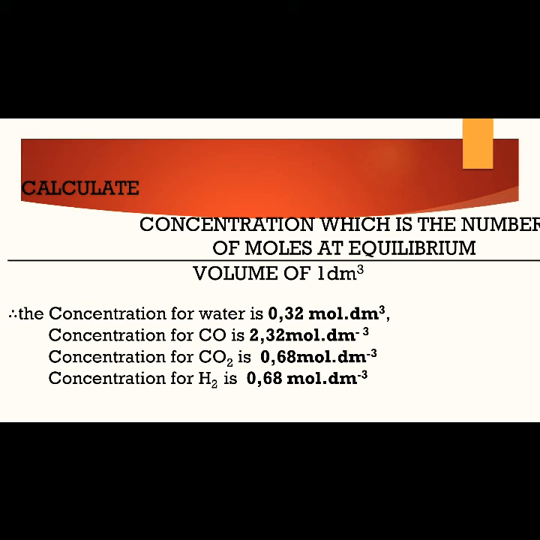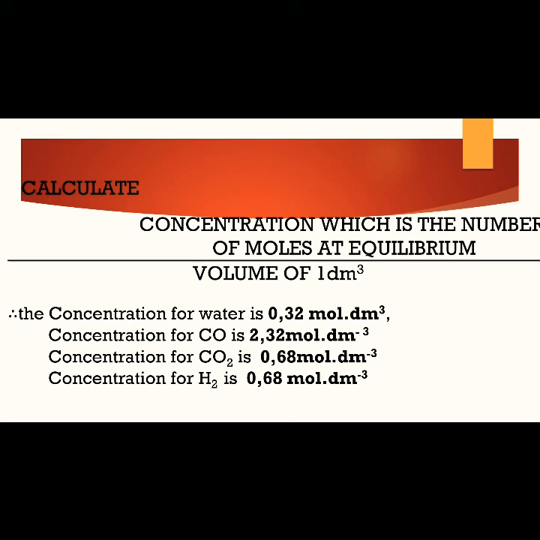Calculate the concentration, which is the number of moles at equilibrium over volume of 1 decimeter cube. Therefore, the concentration of water is 0.32 moles per decimeter cube. Concentration of carbon monoxide, CO, is 2.32 moles per decimeter cube.